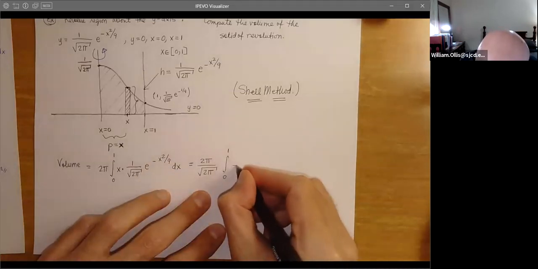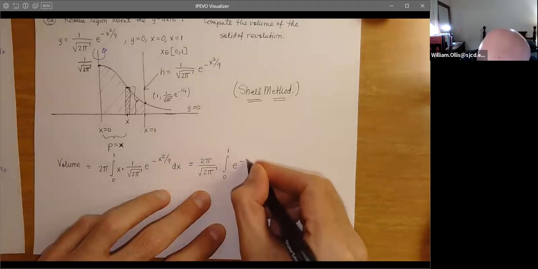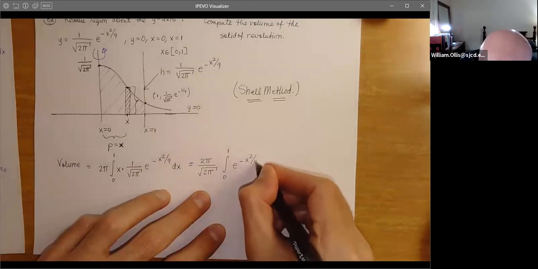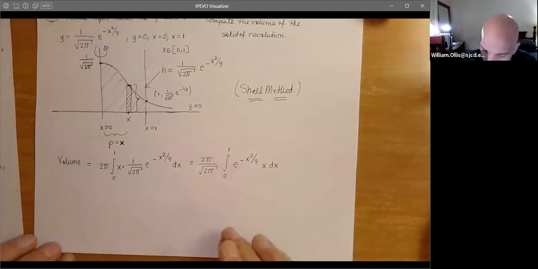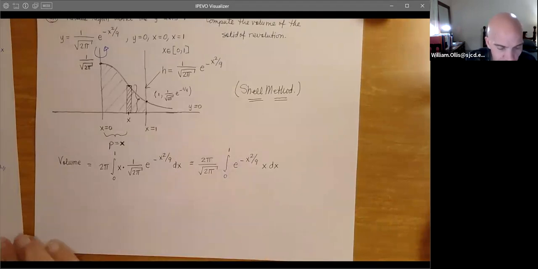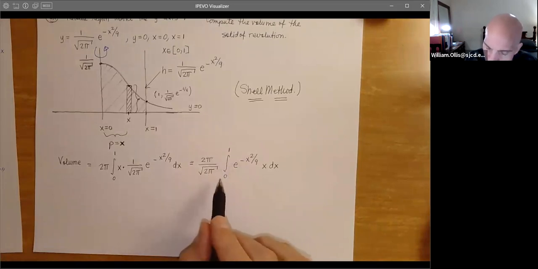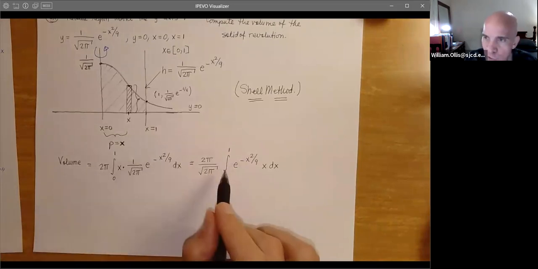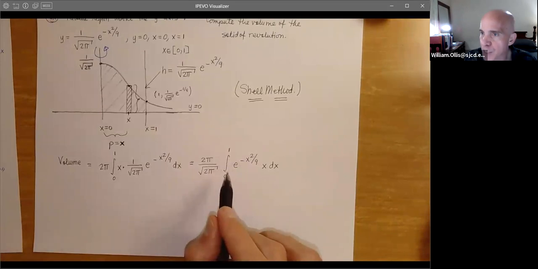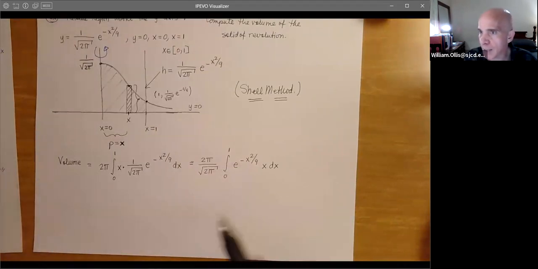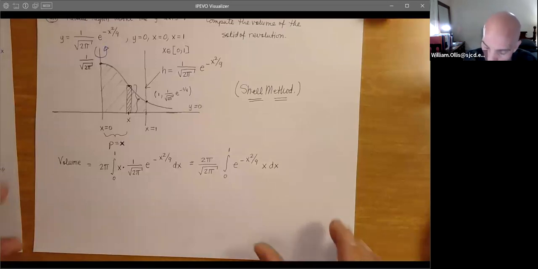So we have e to the negative x squared over 9 times x dx. Now, when we look at this and think about what we're doing, what's interesting about these problems is that the algebra just reminds us of the simple ones we started out with. So there's no difference. Now we just have more pi's running around.